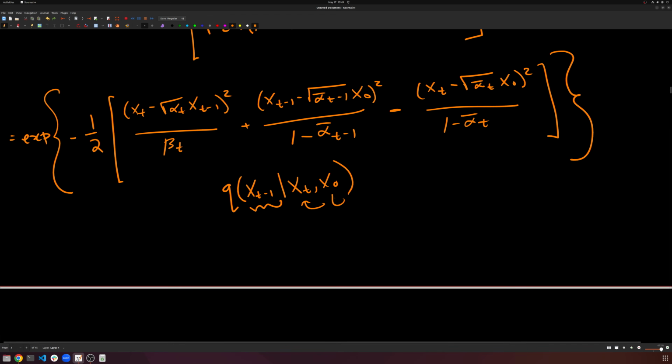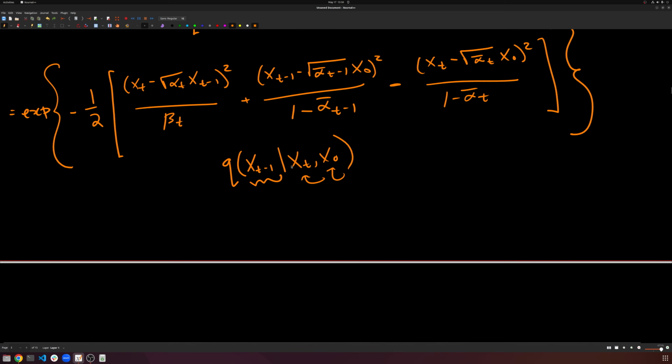We're given the initial picture, and we're given the noised time step that we want to denoise. So why not go ahead and simplify it by removing all the stuff that's not x_{t-1}, because it doesn't really matter to us. It's just some constant that exists. Of course they matter, but in terms of the math, they don't actually make any difference. So we're just going to get rid of them.